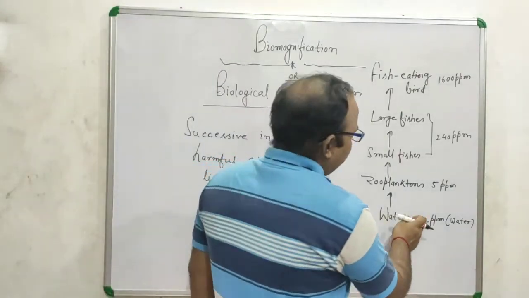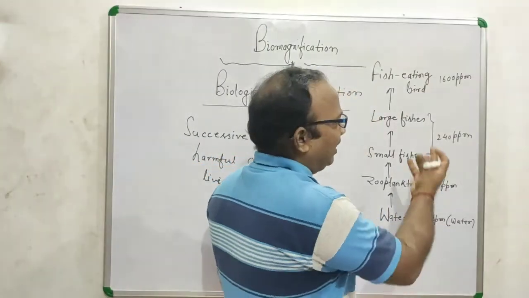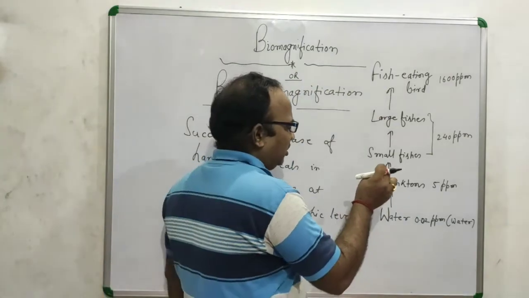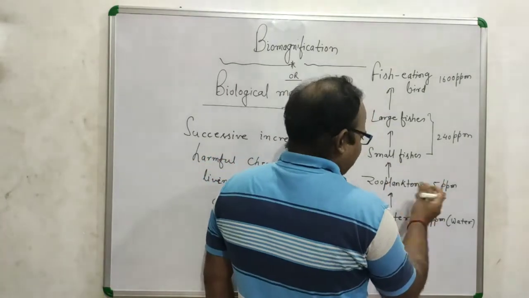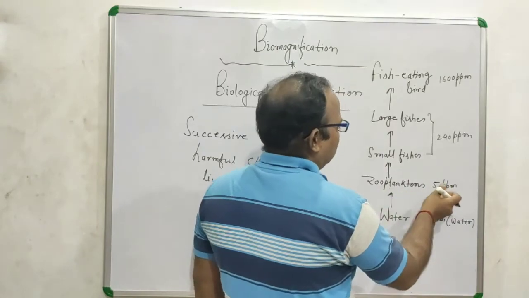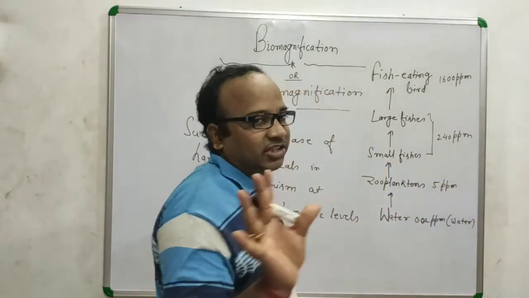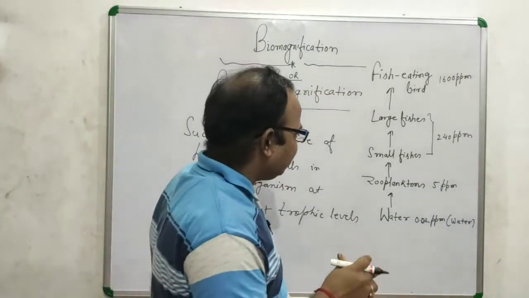It is going to be successively and progressively increased at a very fast rate. I am giving you only a small example. Suppose in zooplankton it would be 5 parts per million. That is the concentration of harmful chemicals.